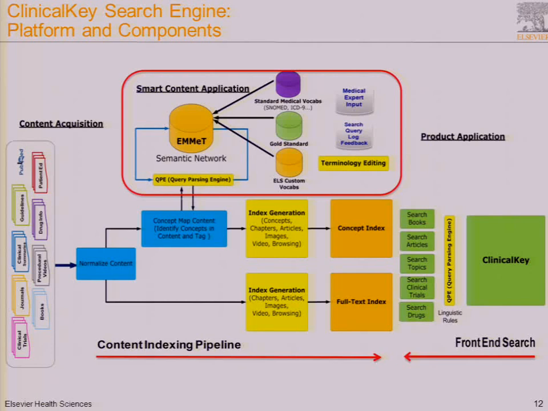So on the left side, you can see the types of content we have, and up there is the taxonomy. We normalize the content so everything is in a standard format, and then we pass it through a query parser that identifies the text in the content and applies the tags to it. And the result of it is an index of all the annotations.